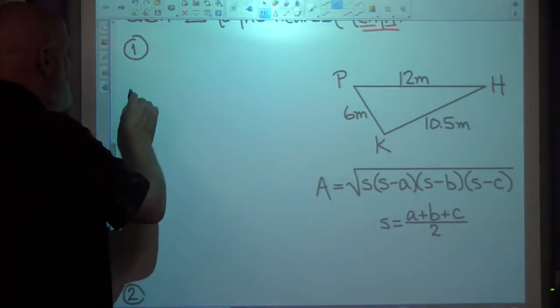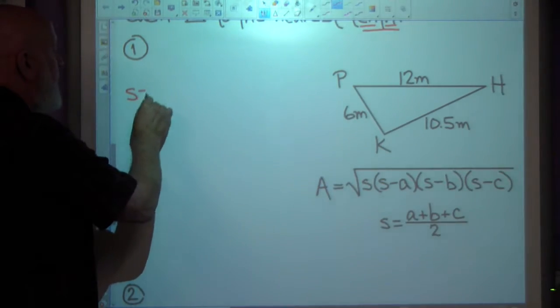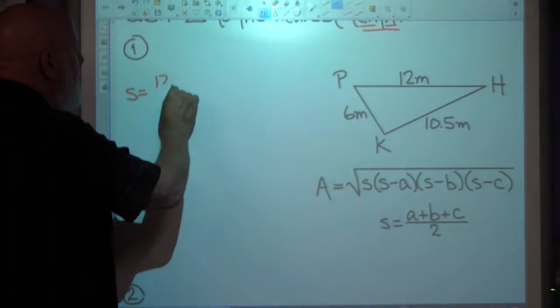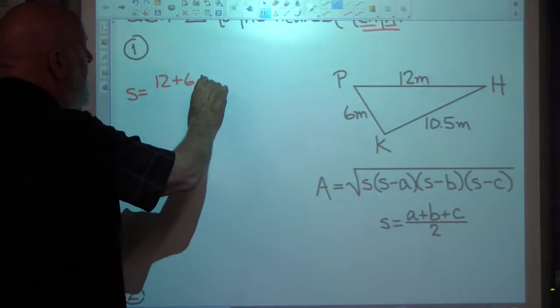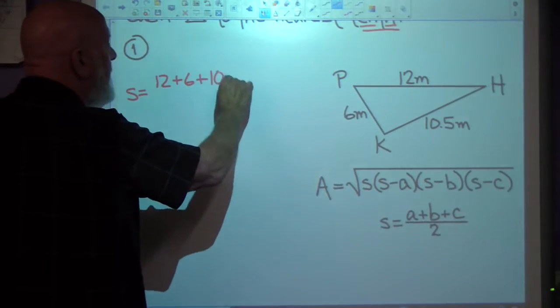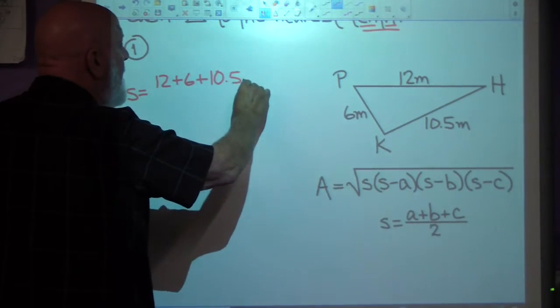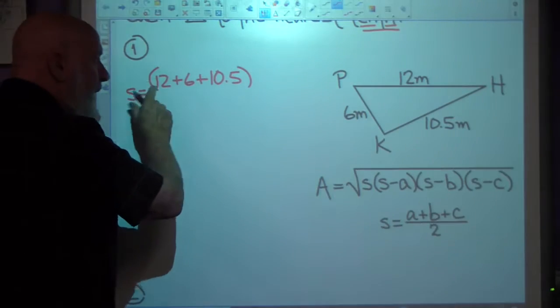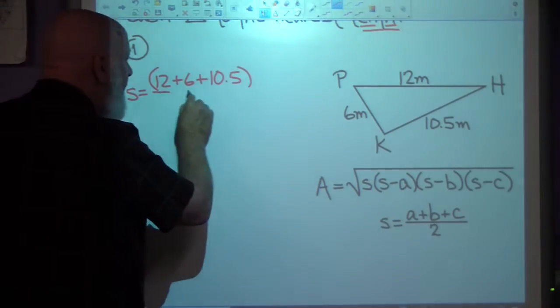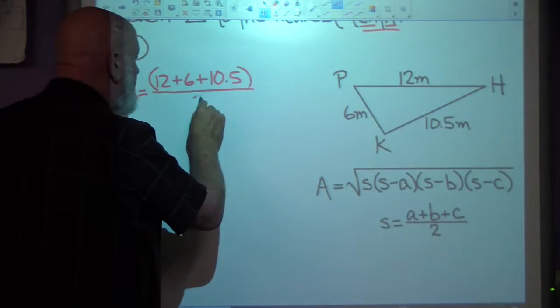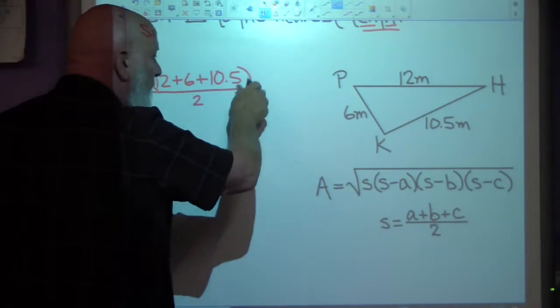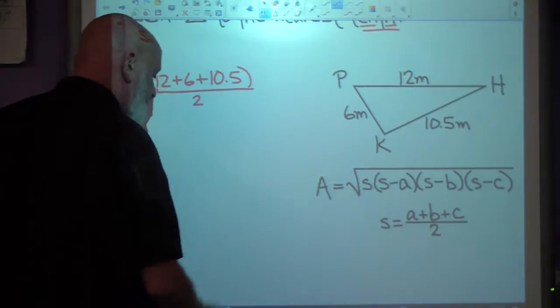So I'll find that first. S is 12 plus 6 plus 10.5, all of these added together, so I'm going to put it in parentheses and divide by 2. Got to divide the whole mess by 2.